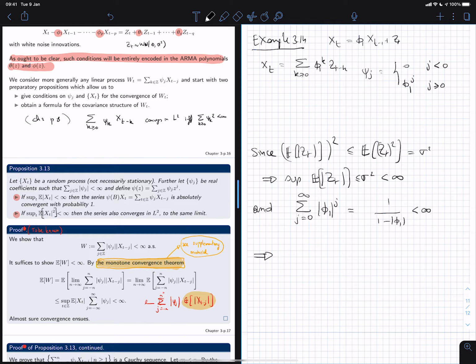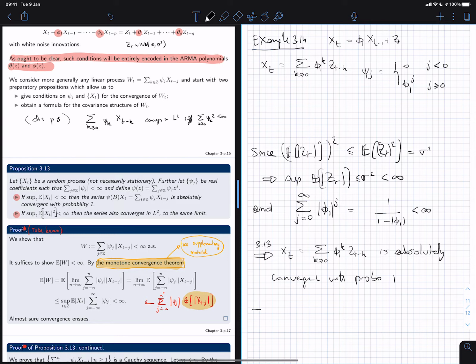So now we can apply proposition 3.13, and we can say that this series is absolutely convergent with probability 1.